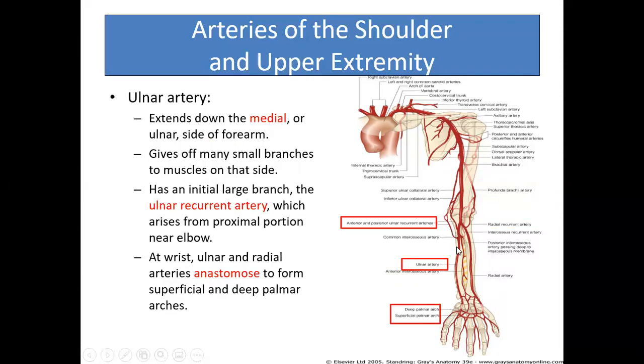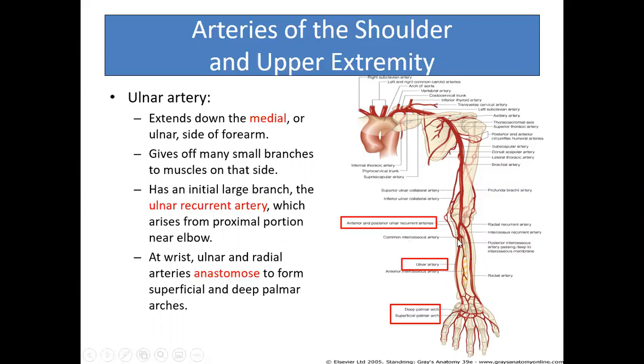For the ulnar artery, if you see here, this is the ulnar artery. It extends down on the medial, or ulnar, side of the forearm. It gives off many smaller branches to the muscles on the medial side. The initial large branch that arises from the ulnar artery is the ulnar recurrent artery.